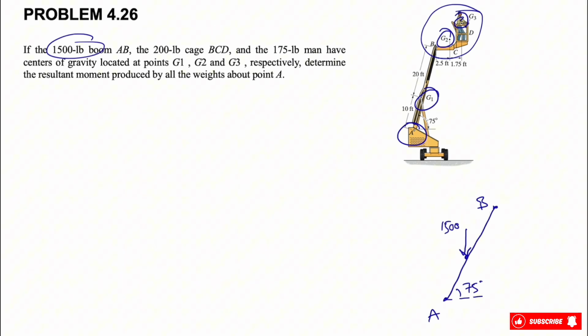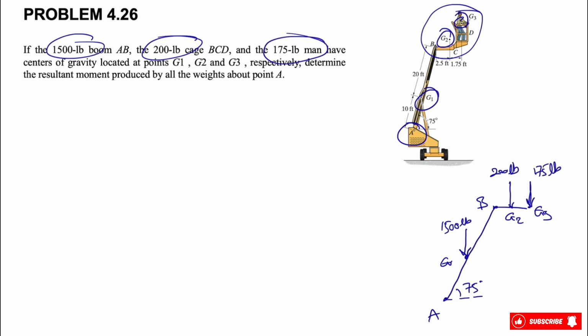And over here we have the cage BCD, which we know the force at point G2. So here we have G1, this will be G2, and we have 200 pounds at this point, and we have also the weight of the man, let's call it G3, and we know the weight of the man is 175.